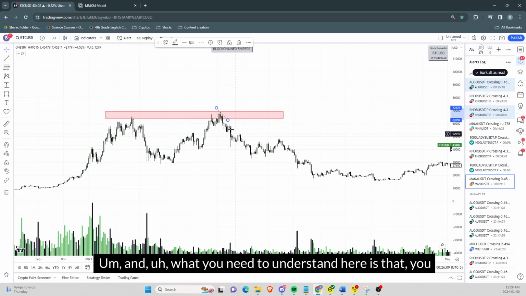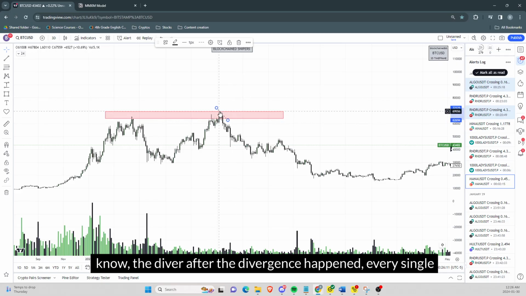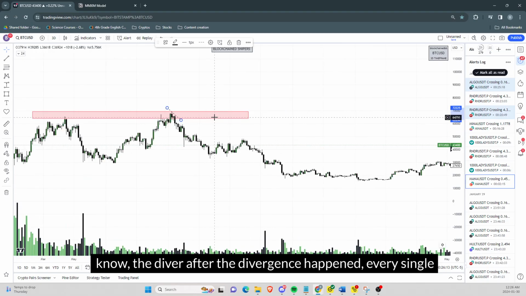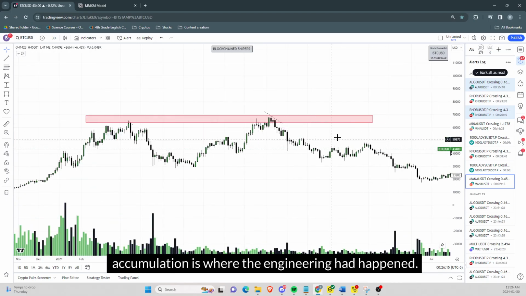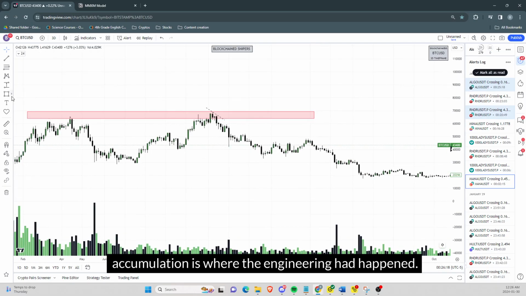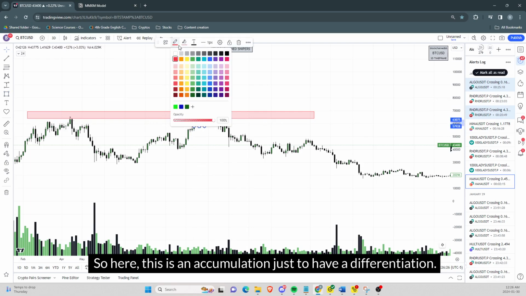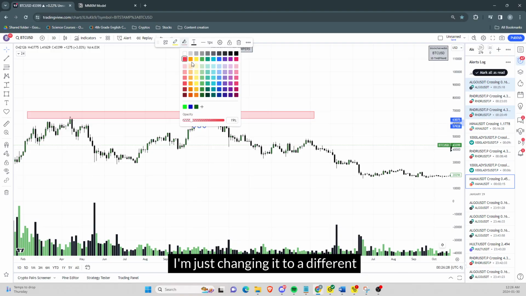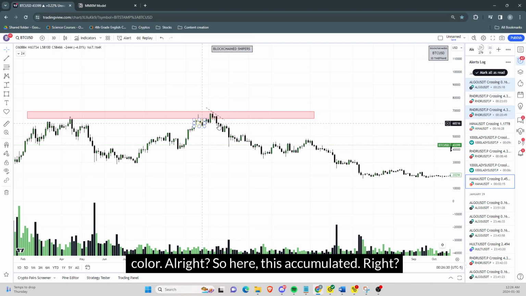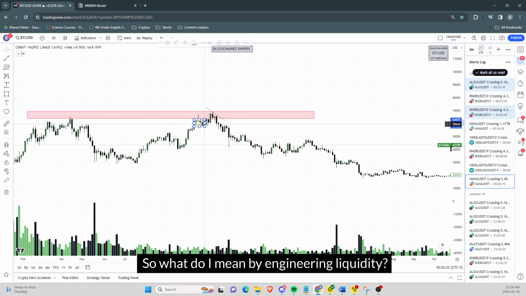And what you need to understand here is that after the divergence happens, every single accumulation is where the engineering happened. So here, this is an accumulation. Just to have a differentiation, I'm changing it to a different color. All right. So here, this accumulated, right? So what do I mean by engineering liquidity?